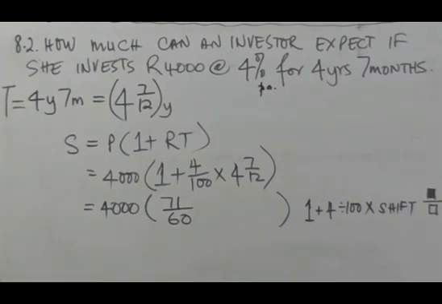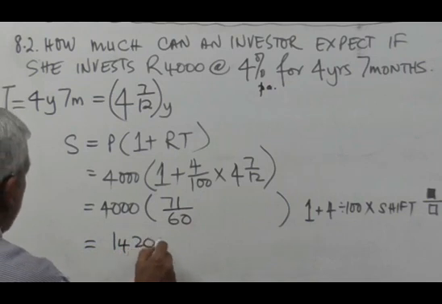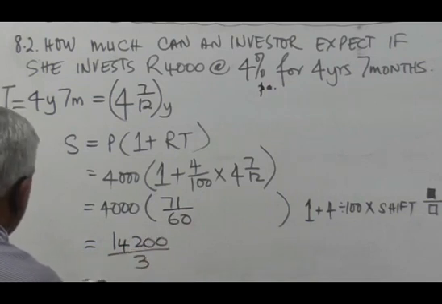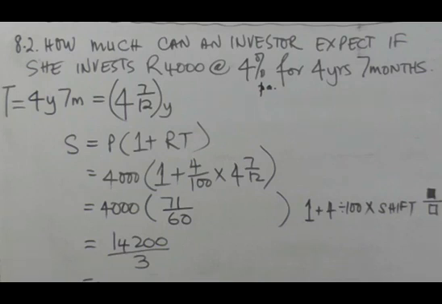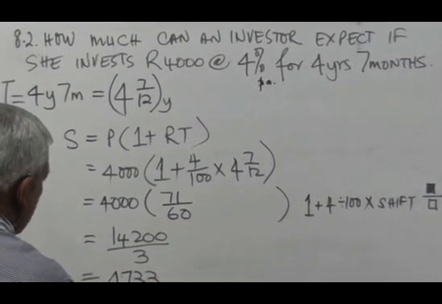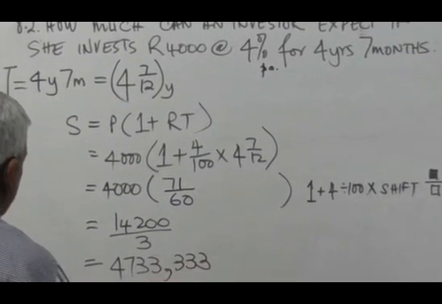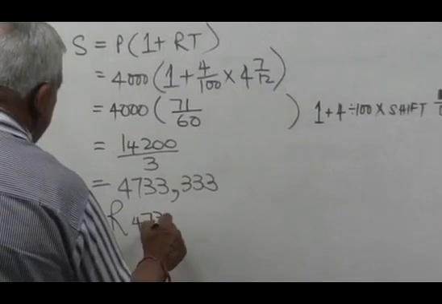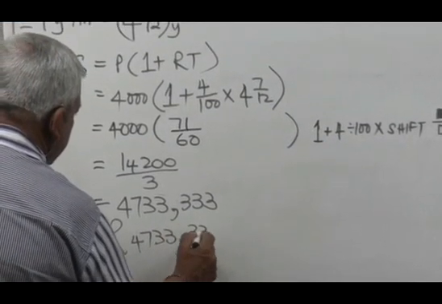So that will be 4,000 times 71 divided by 60 is equal to, you will get 14,200 divided by 3, and you convert that into a decimal fraction, you will get 4,733.333, and if you convert that into rands and cents, it will be 4,733.33.